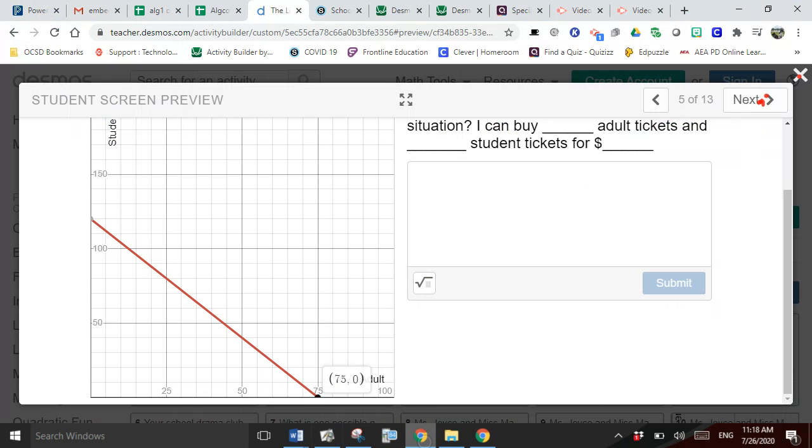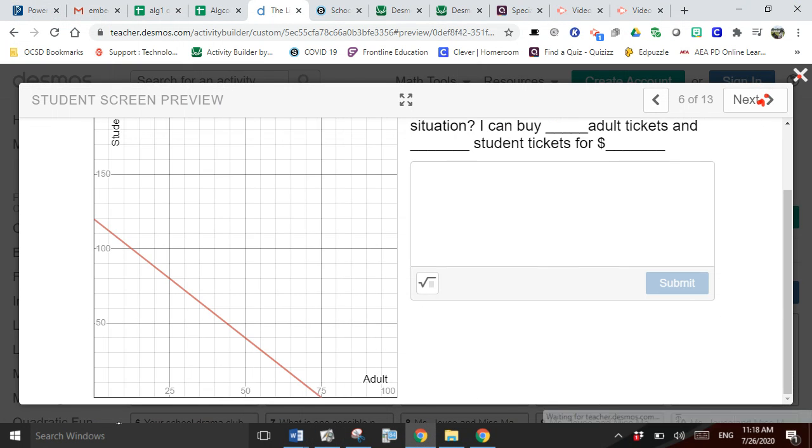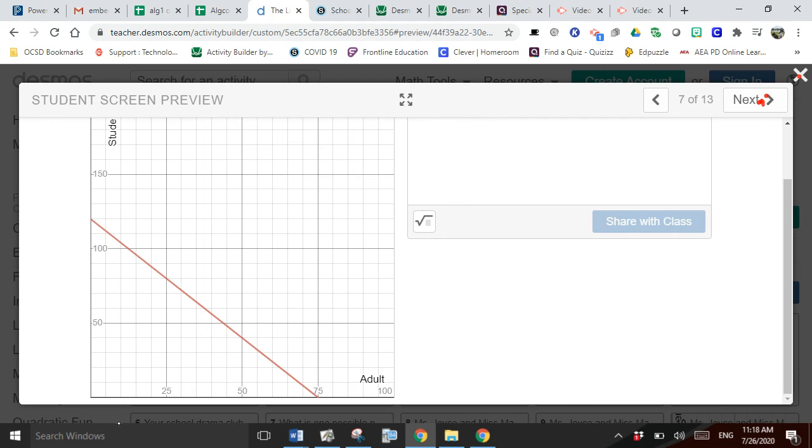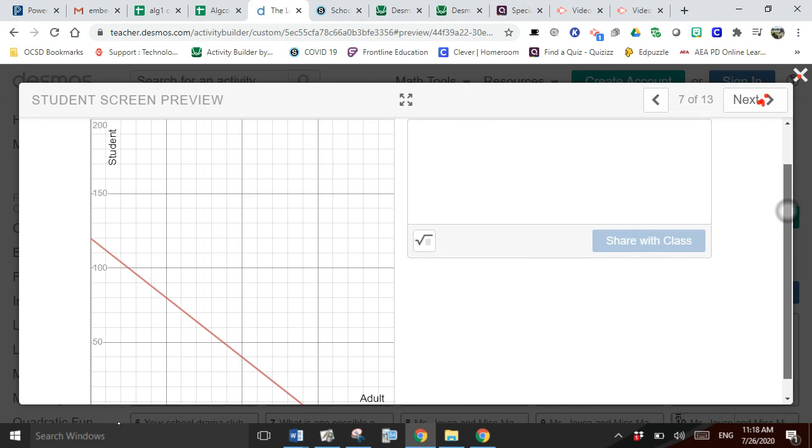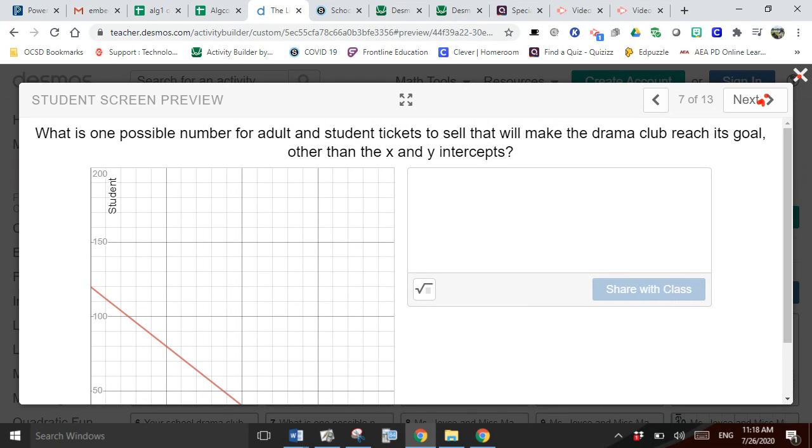So that should take you now to slide 7. Now it's asking for one possible option for adult and student tickets that's not an x and y intercept, that's going to spend $600.